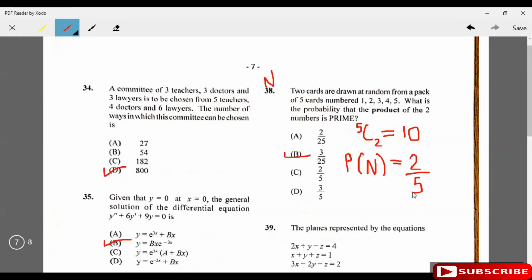But the trick is that we have to choose a prime number, and then the next number that we choose has to be 1.